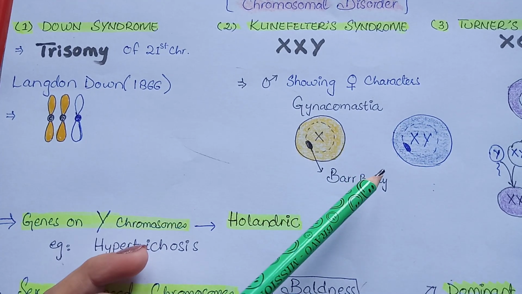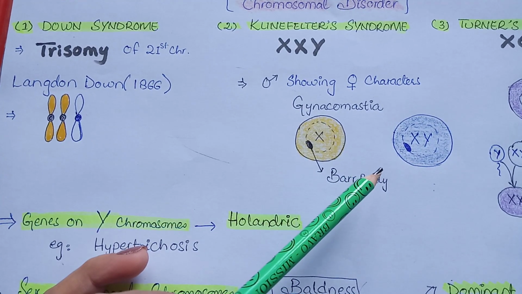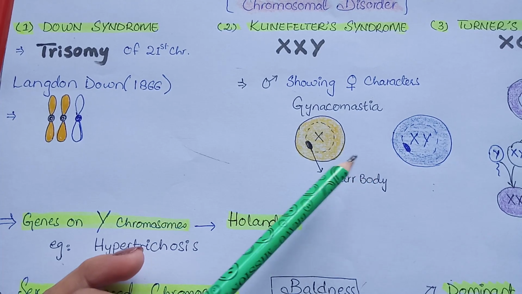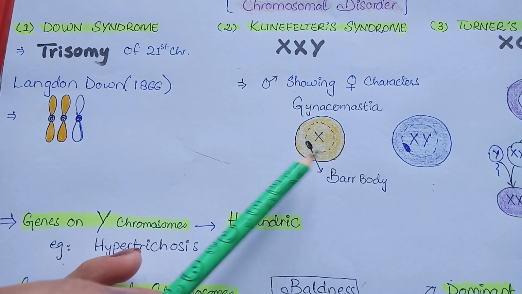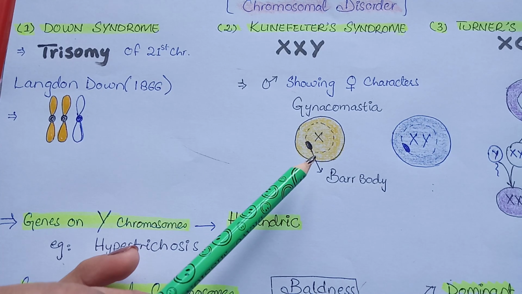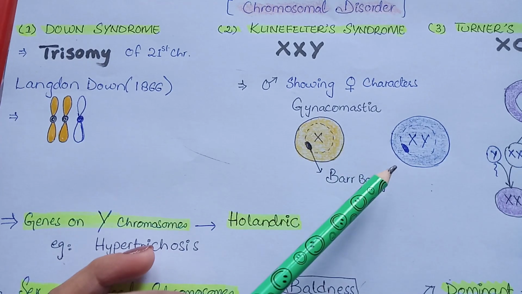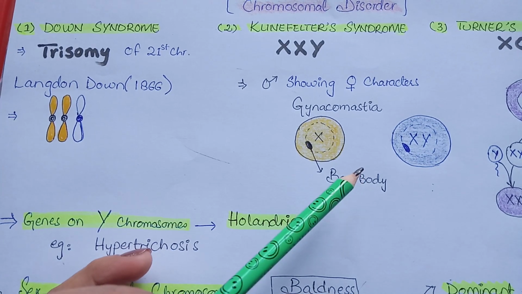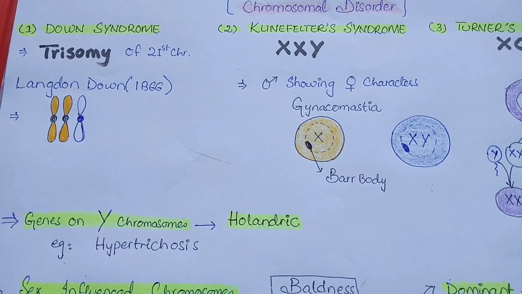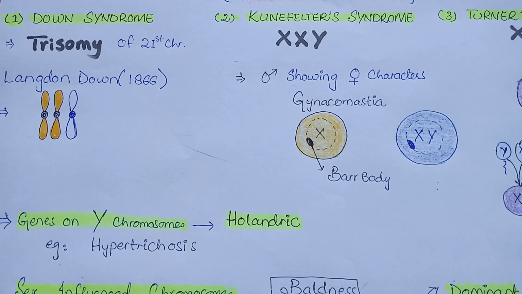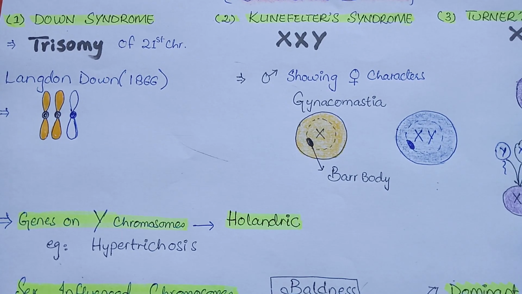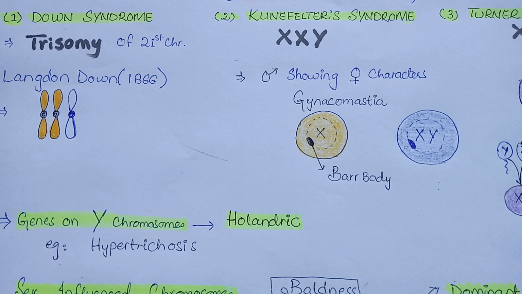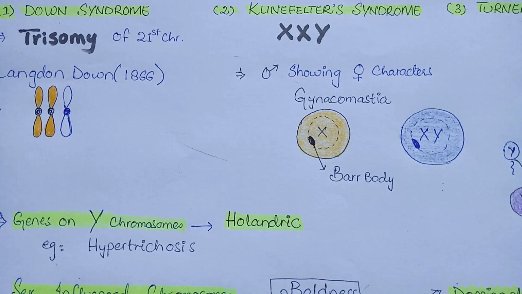As we see one bar body, we assume one X chromosome has changed into a bar body, and the other X chromosome is functional. That means the individual is going to be female, but here there is a defect, XXY, and this one bar body has formed due to the two X chromosomes.